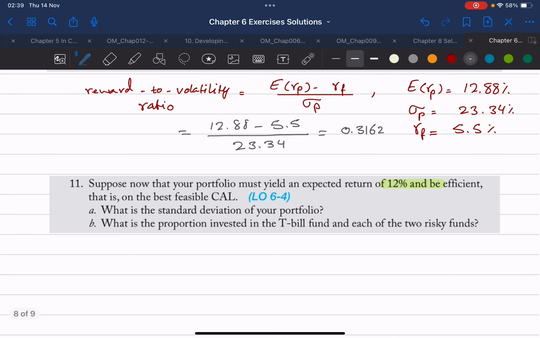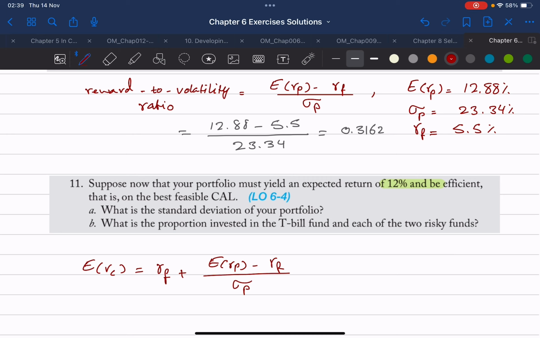Again, we'll go now to the equation of the capital allocation line, if you guys remember it, for the complete portfolio. The expected return of the complete portfolio would equal the risk-free rate plus the expected return on the portfolio minus the risk-free rate over the standard deviation of the portfolio.